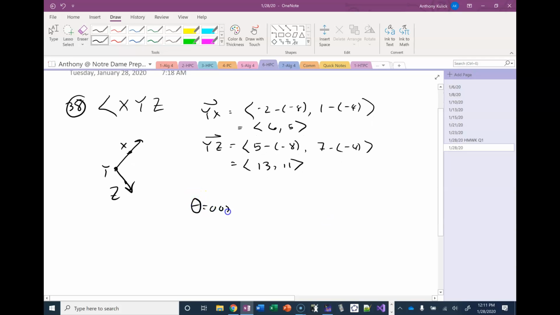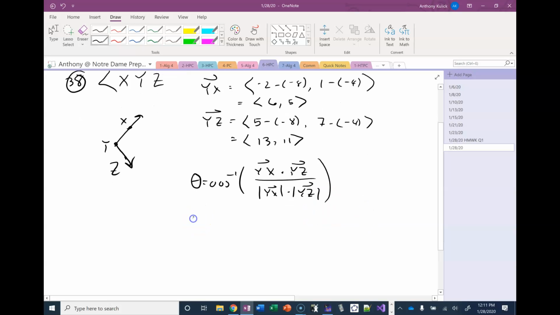So what I'm going to do now is use the formula for the angle between the two vectors. So when I do that, yx dot yz is going to be 6 times 13 plus 5 times 11. So that's 78 plus 55 is 133. Is that right? I think so.